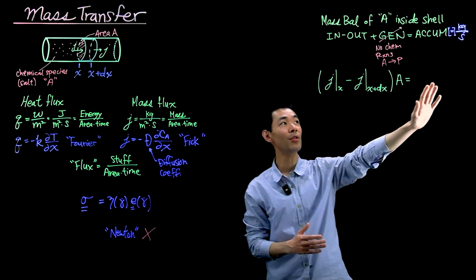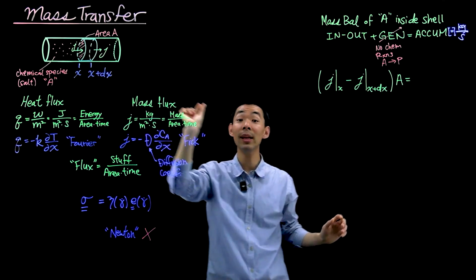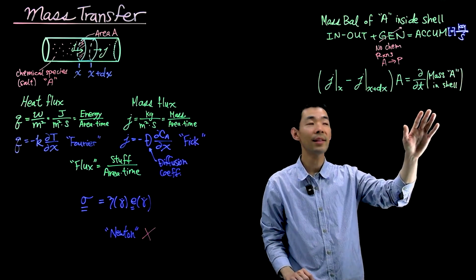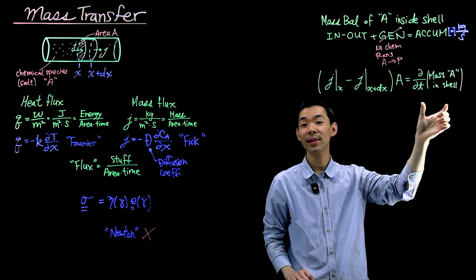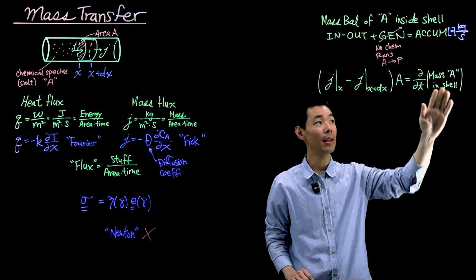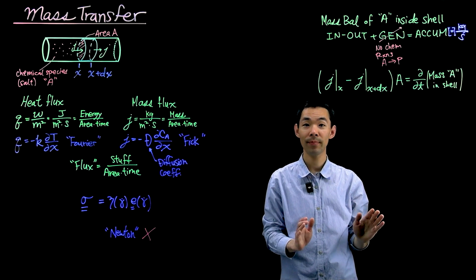Now, the accumulation term on the right-hand side says how much mass of salt is accumulating inside this small little shell. That's very easy. That is simply the time rate of change of the mass of species A, of salt, inside that shell. Again, kilograms per time. The units check out.